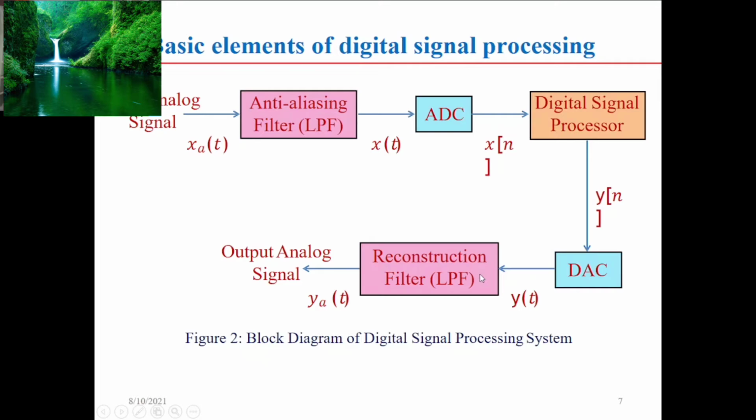So all those low frequencies will be passed, and the higher frequencies beyond the cutoff frequency will be attenuated or rejected, right? Then we get an output which is analog. So we started with an analog signal, and now we are getting back our analog signal YA of t.